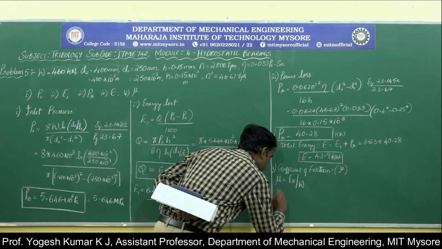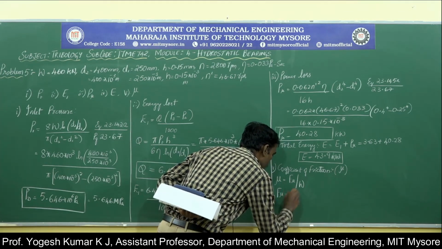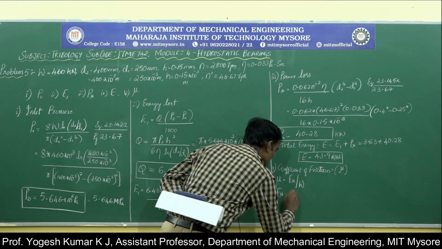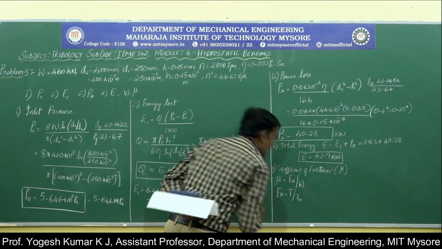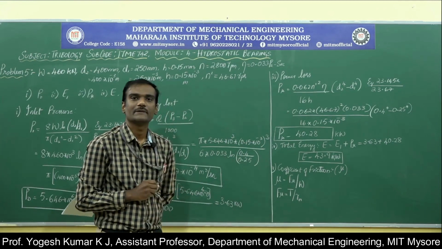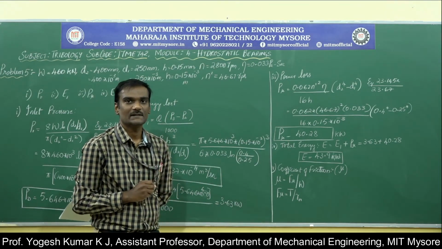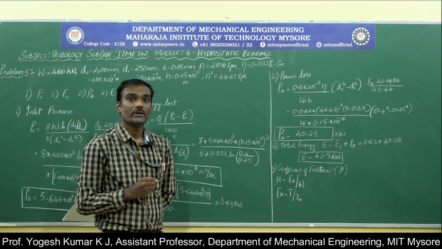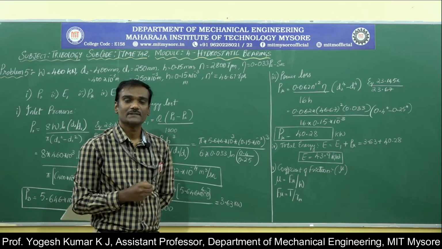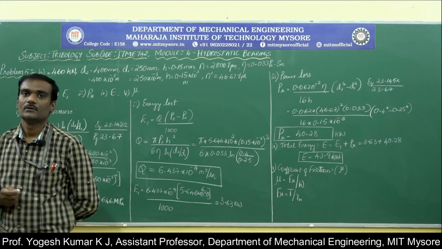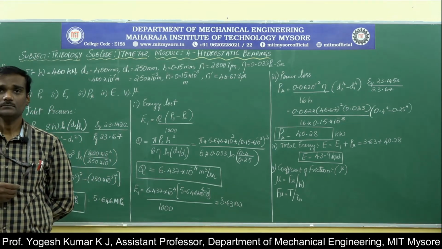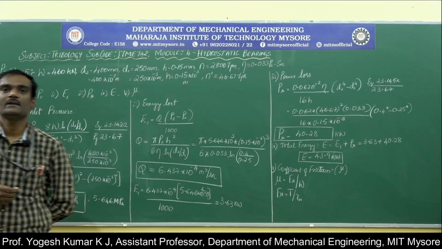So F equals the torque divided by the mean radius. What is torque? We know from our basics that power is equal to 2 pi nt by 60.